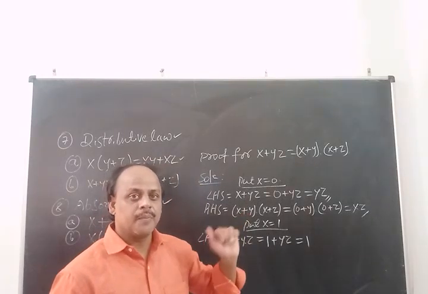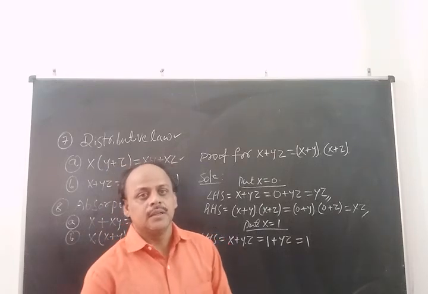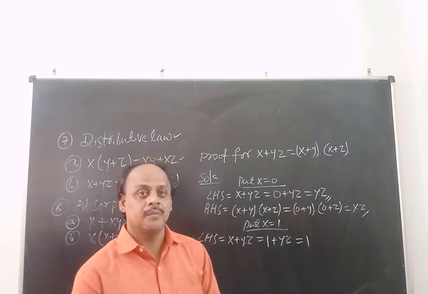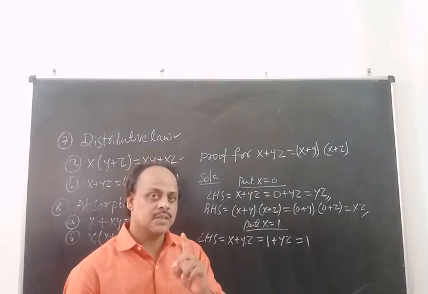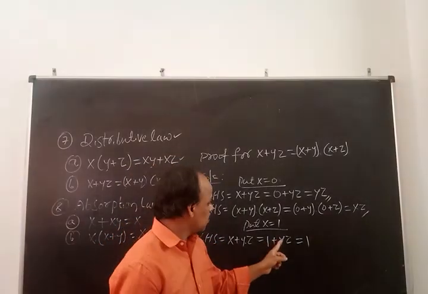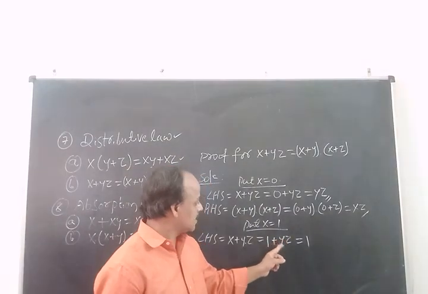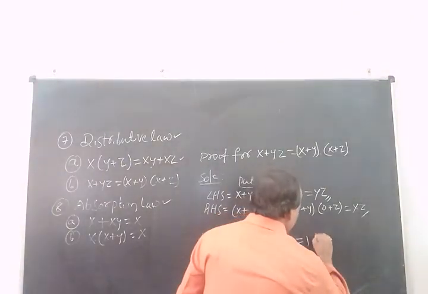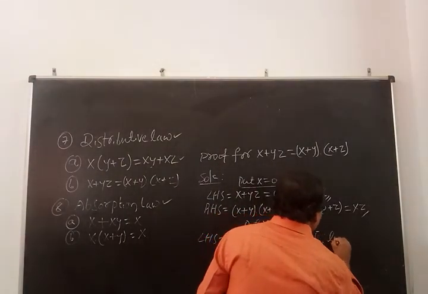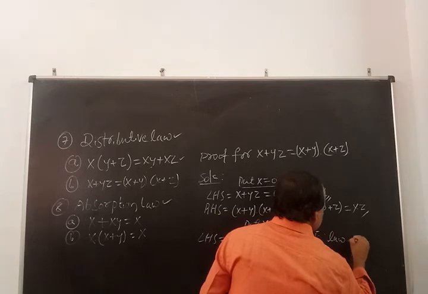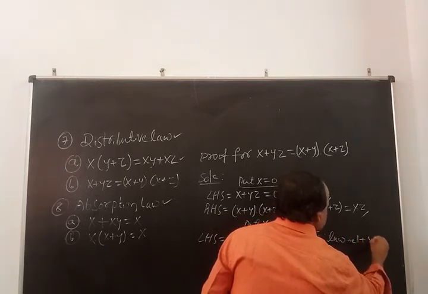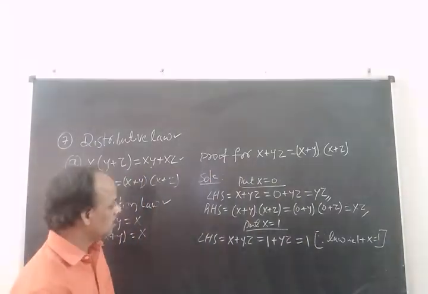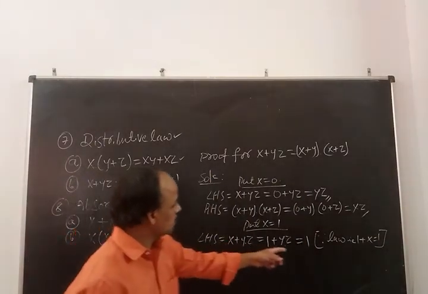We studied in the Boolean laws that 1 plus x is equal to 1, meaning 1 plus any Boolean variable is equal to 1. Here 1 plus y into z is there, and 1 plus any variable gives 1. We have to write here y is 1, because of the law 1 plus x is equal to 1, right? So now LHS becomes 1.